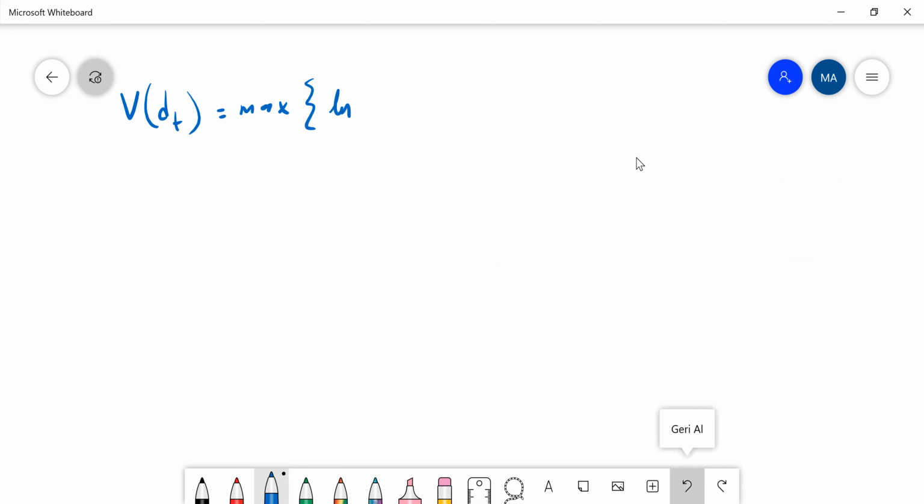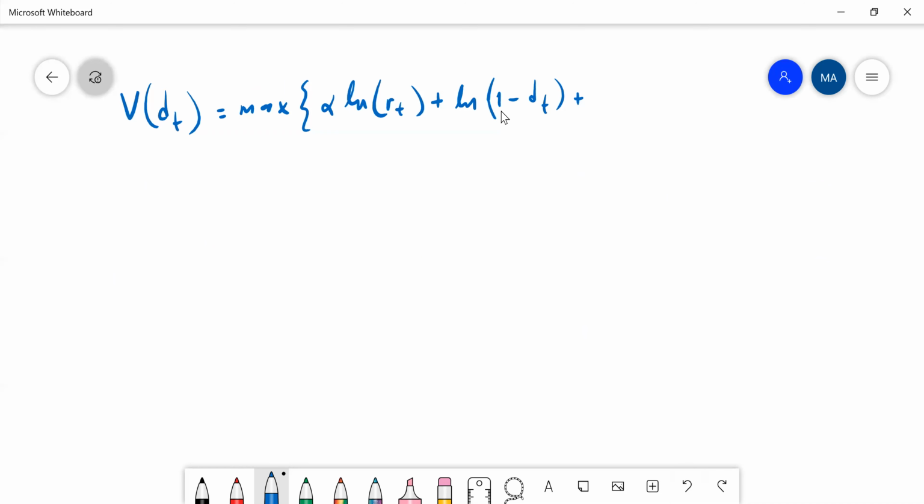Of course, it is alpha ln RT, okay, plus ln 1 minus dt plus, careful, let's say you have the discount rate, and here you have the expected value of that. Okay.